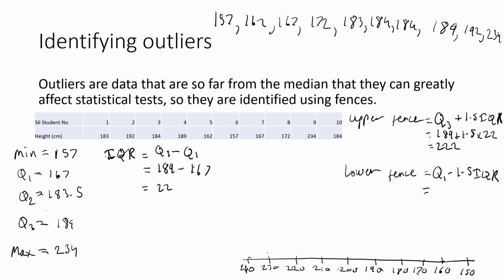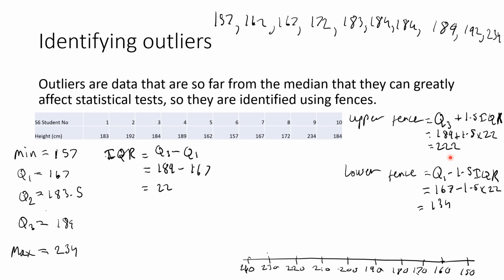For the lower fence, quartile 1 minus 1.5 times 22, and that would give us 134. So for a lower fence, our lowest value is 157 right here. So there are no outliers which are lower than the lower fence.